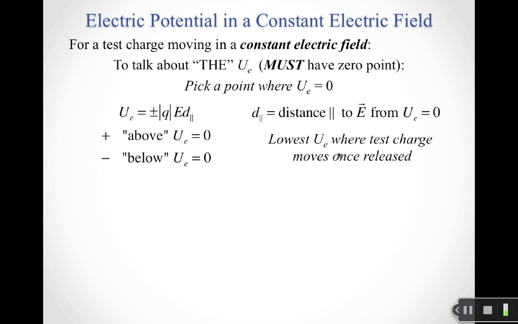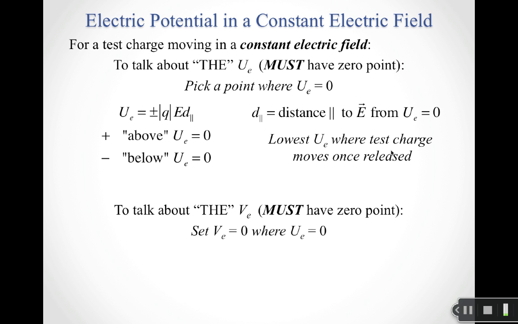So that indicates to you where the lowest potential energy spot is for that particular charge, because the potential energy cares about what charge you're releasing in the electric field. So the easiest way to deal with the potential energy is to say, if I let my charge go, which way would it go? Let's say it goes in this direction. As far as it can go in this direction, that's what I'm going to call my zero point. Now everything else becomes positive because it's going back in the other direction.